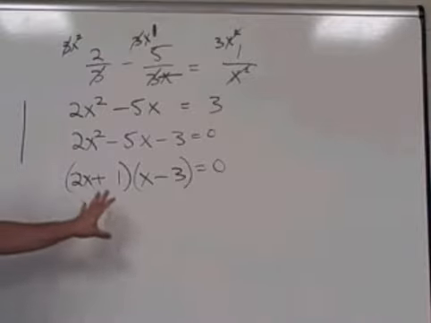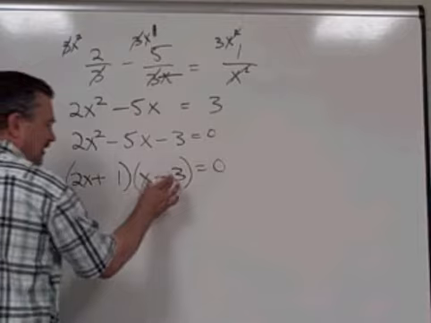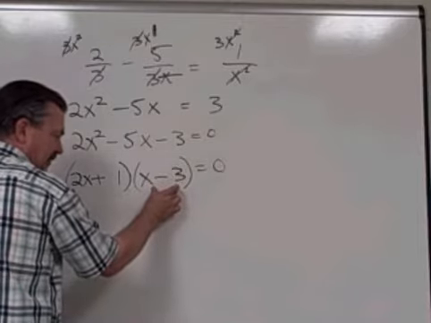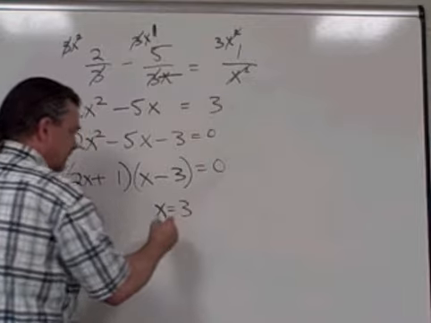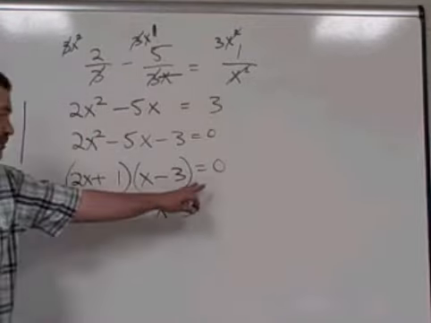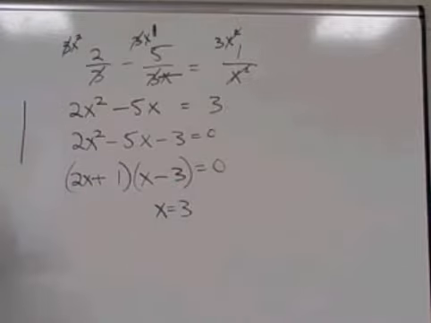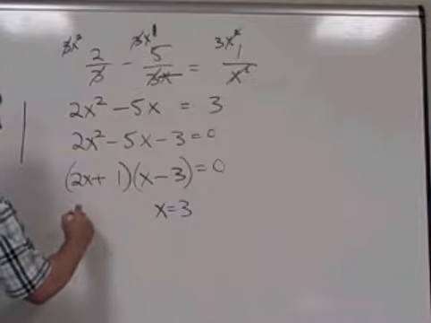And now remember, we look at what values of x could make this entire quantity become 0. Well, if this quantity became 0, that would be done if x was 3. 3 minus 3 would be 0. 0 times anything is 0. That's a solution because it makes the left side the same as the right side. And here, what value of x could make that quantity become 0?